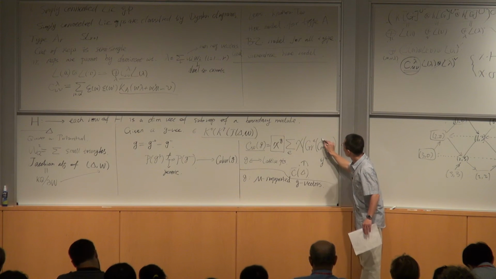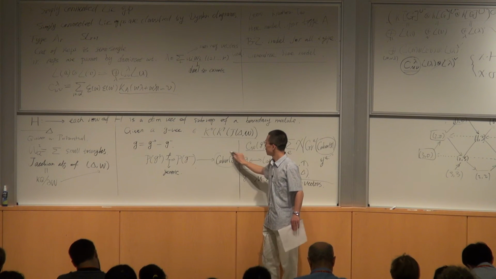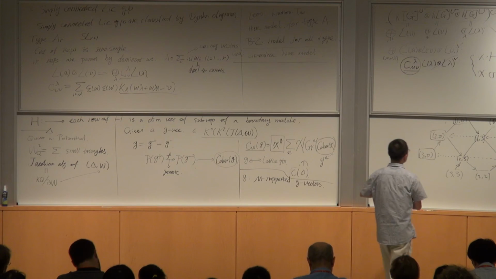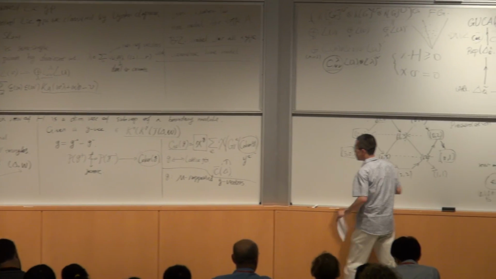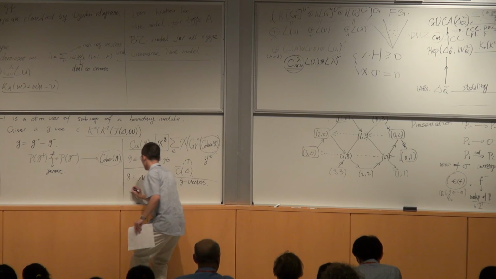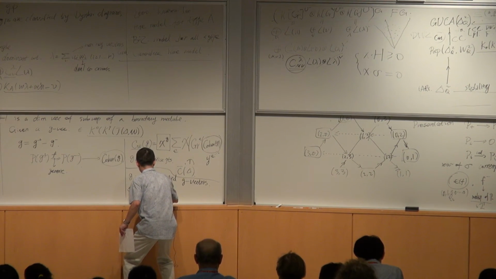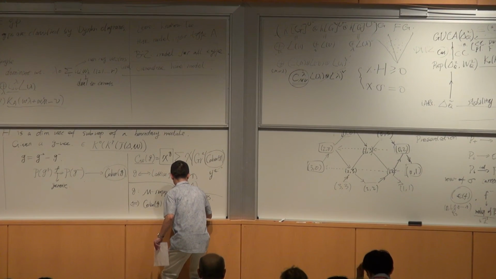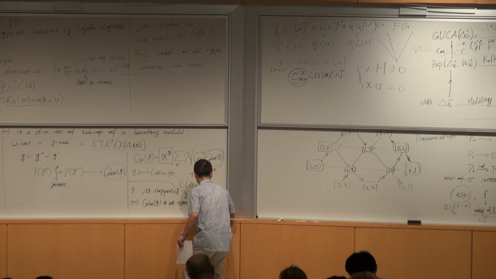It means that if I take the co-kernel of the representation here, this representation should not be supported on these frozen vertices. So the co-kernel of G is not supported on frozens.